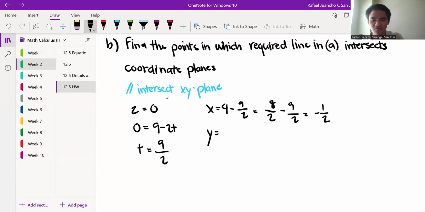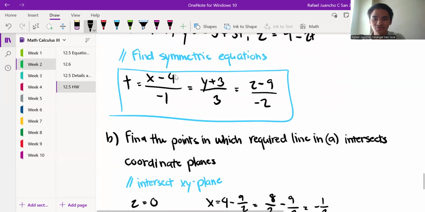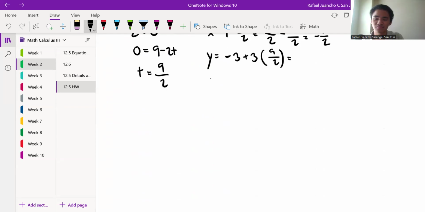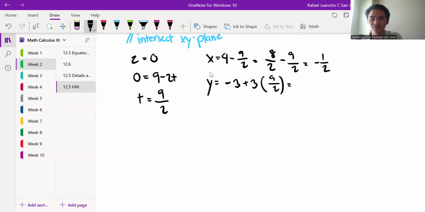For y, what do we get? We get negative 3 plus 3 times 9 halves. And then for z, we get negative 2... 6 plus 27 over 2, that's 21 over 2, because 27 minus 6 is 21. So a point is negative 1 half, 21 over 2, and 0.